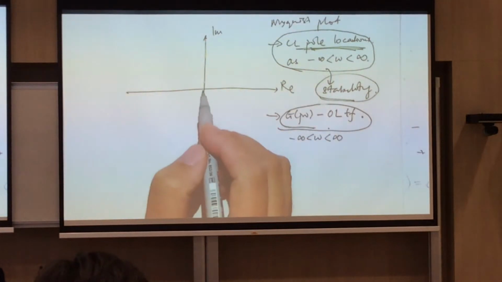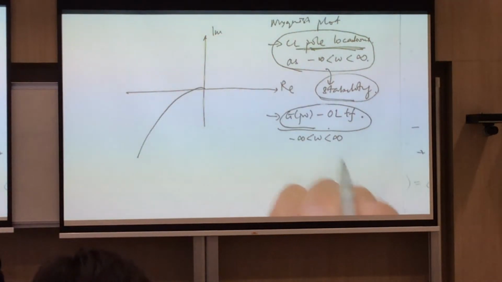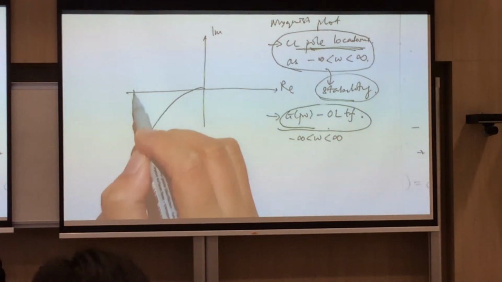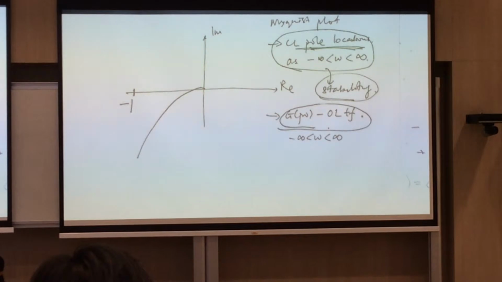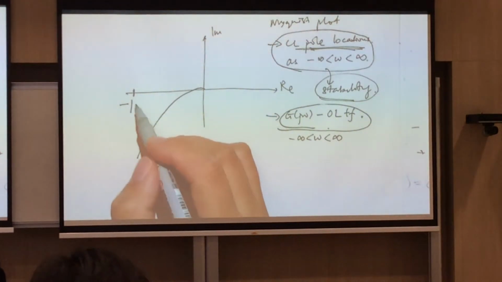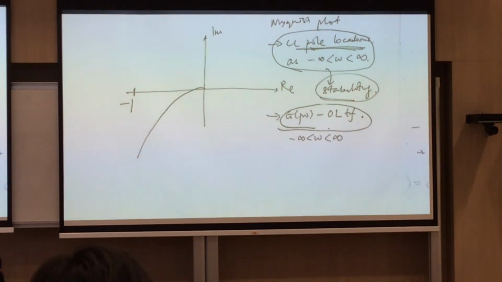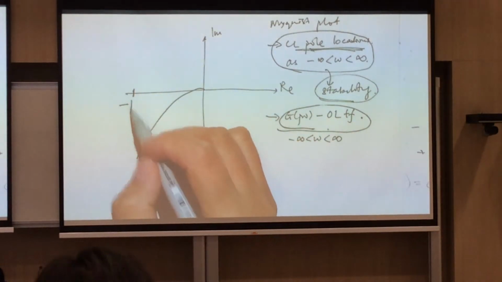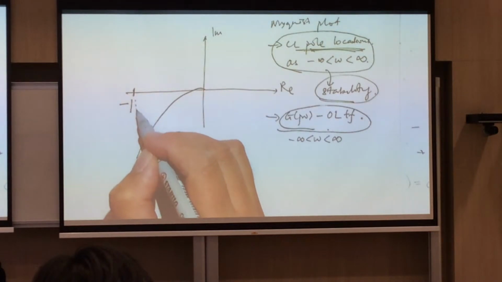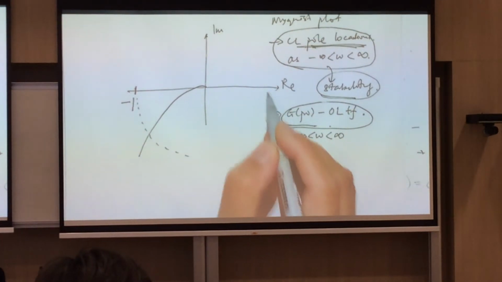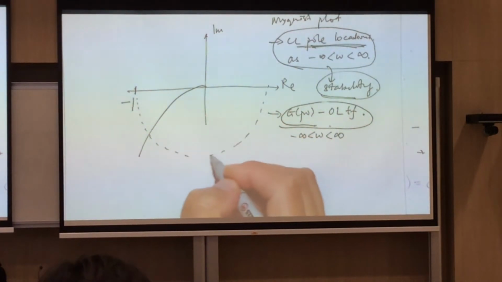Okay? So if this is your G(j omega), alright, we know that from the Nyquist stability criterion, the critical point is here, -1 plus j0. Okay? And you know that the further away you are from -1, the more stable you will be. Yeah? Correct? And since we know that -1 is the stability point, you're going to draw a unit circle, radius of 1.